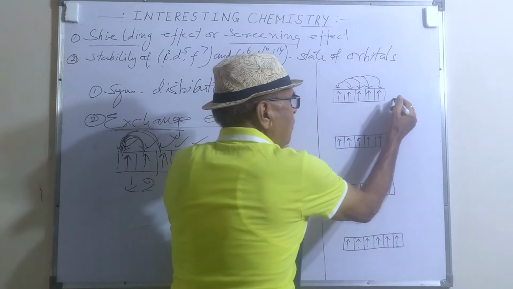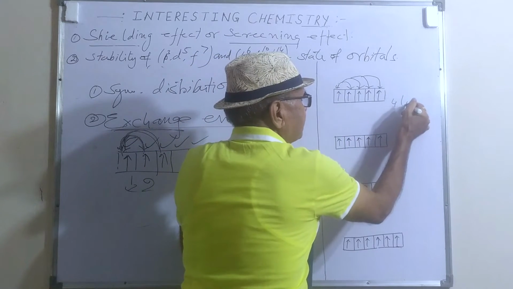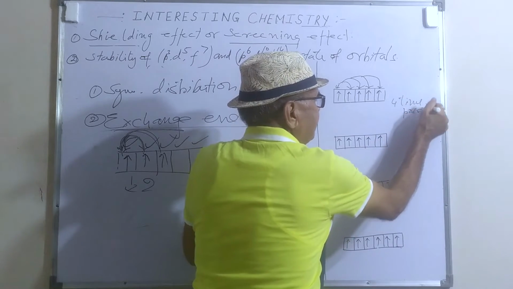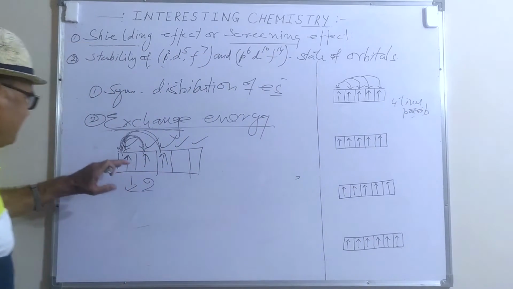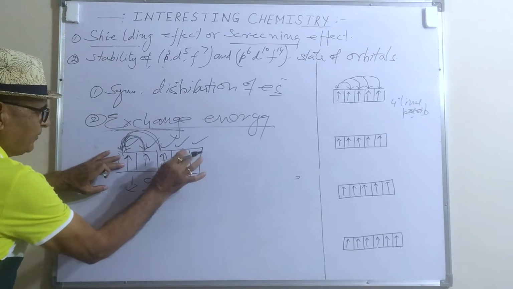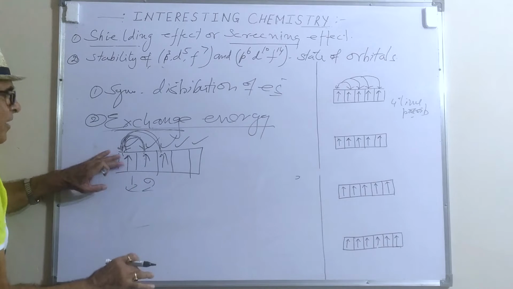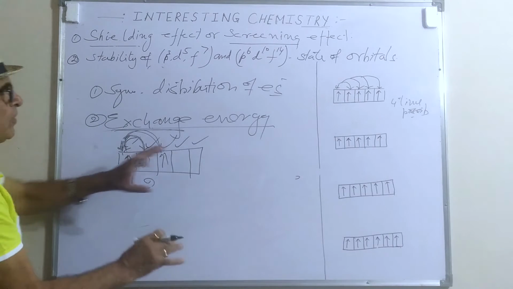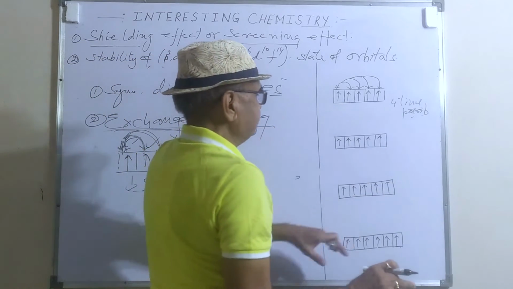So there are 4 times exchanging, 4 possibilities. But here there is only this electron, and no possibility because the others are vacant. So here the possibility of exchange of electrons is minimum. Here, maximum 4 times.